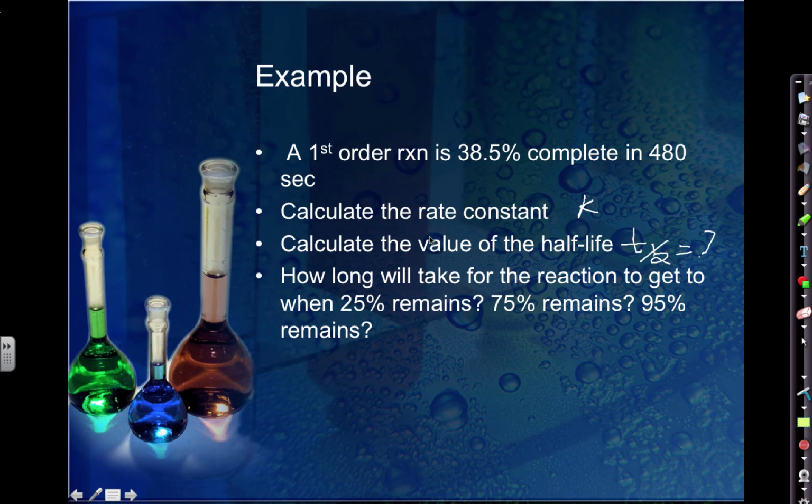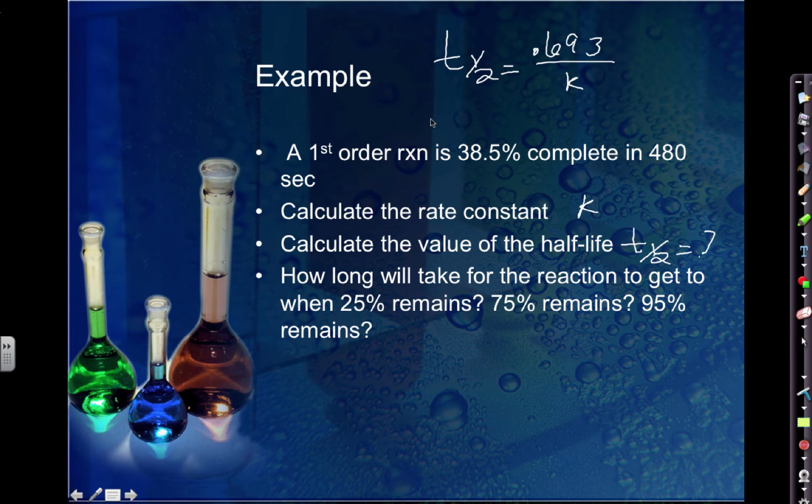All right, so the first thing here, I want to calculate the rate constant. If I look at the half-life equation, which you just saw, for the first order, it's 0.693 divided by K. Well, I can't calculate K without the half-life.